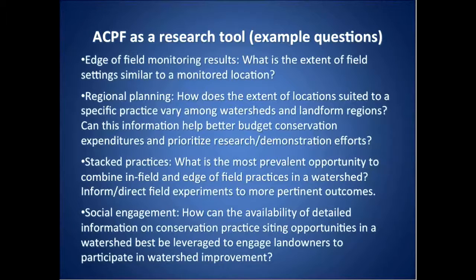If you take a particular practice and move from one landform region to the next, what's the distribution or the number of opportunities you see for the installation of that practice, and how does that vary according to landform region? If you knew that, you might be able to budget for conservation expenditures a little bit more effectively. Okay.